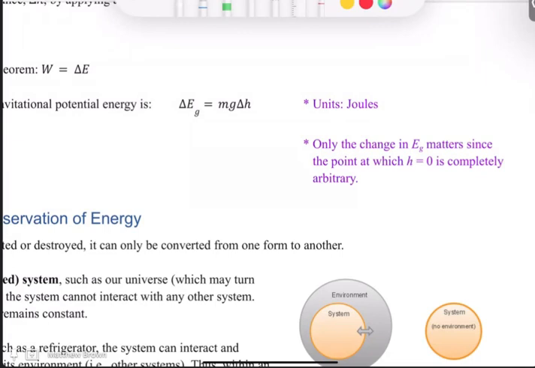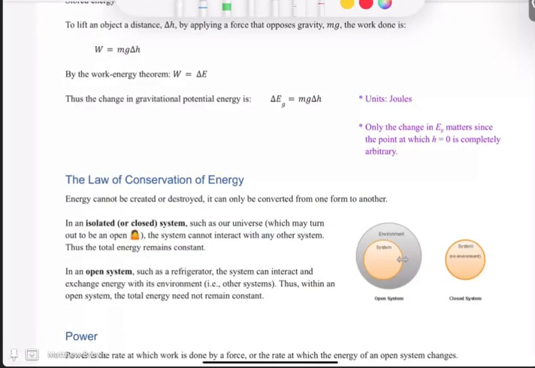If you've got something happening on a bridge, you can say the water below is 0, or you can say the bridge is 0, whatever helps you get to the answer more quickly. And at the end, everything should work out because it's really just the change in gravitational potential energy that matters.